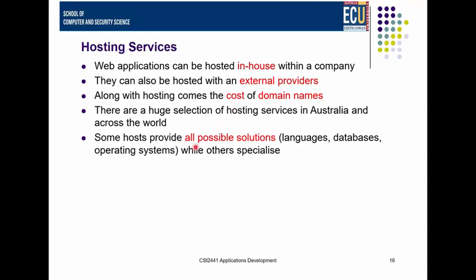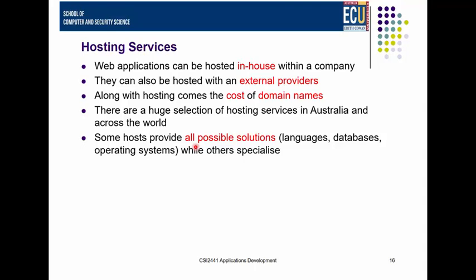Hosting service providers, especially external ones, come up with different packages. Some of them may provide hosting only for .NET applications. Some may provide hosting only for PHP, or some may provide both. So you have to identify, if your client says you will end up with an external provider like ABC, what sort of services they provide. If they are not hosting PHP applications, and the client wants you to host your business application there, then you cannot use PHP.